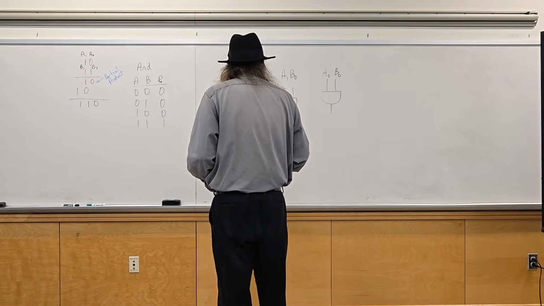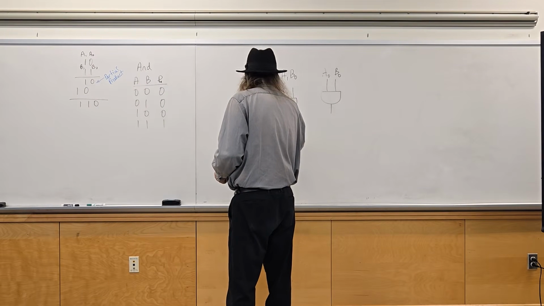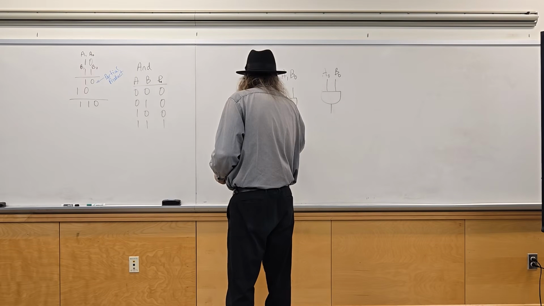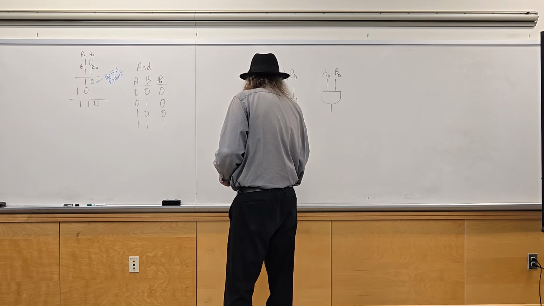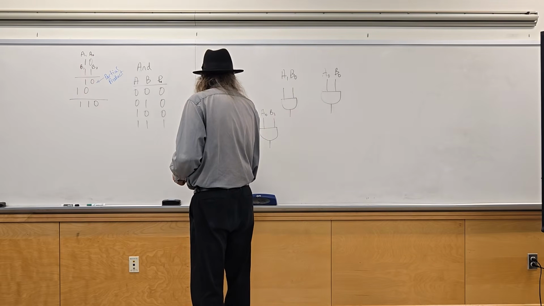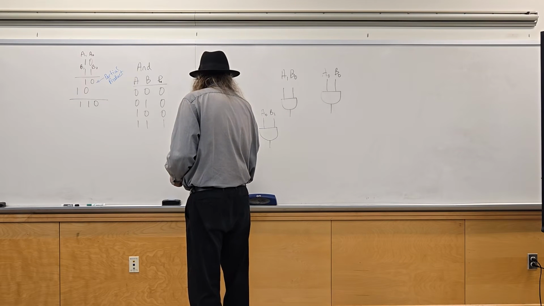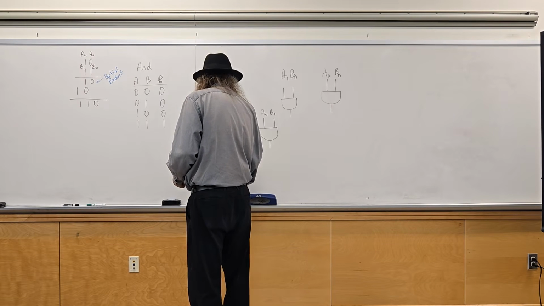So you do A0, B1, multiply that together, and then A1, B1, multiply those together with an AND gate.